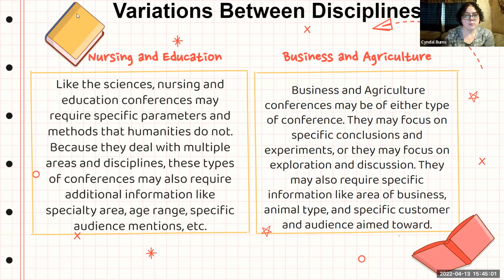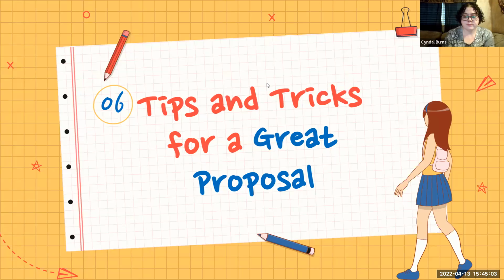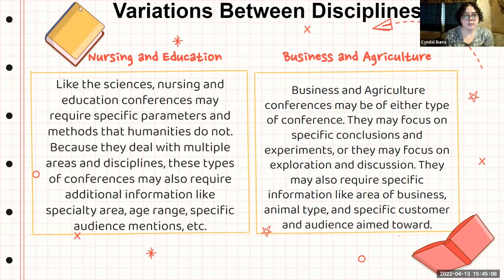And then with nursing and education and things like that, there are also going to be extra requirements besides findings and parameters. There may also be specific information like what your specialty area is, the age group, exactly who your audience should be for the experiment or implementation. And then with business and agriculture, they could be either one.